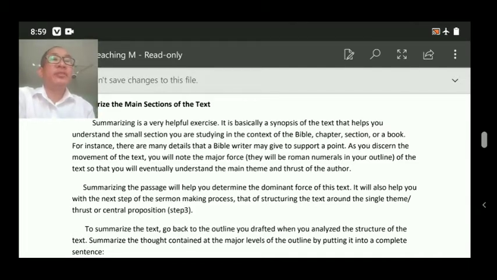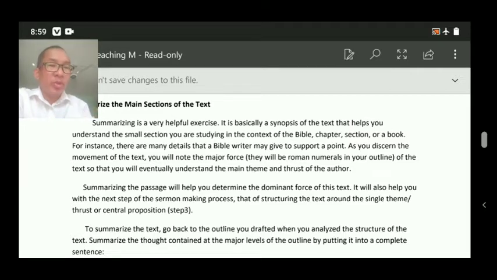For instance, there are many details that the Bible writer may give you to support a point. As you discern the movement of the text, you will note the major force. There will be Roman numerals in your outlines of the text so that you will eventually understand the main theme and thrust of the author.